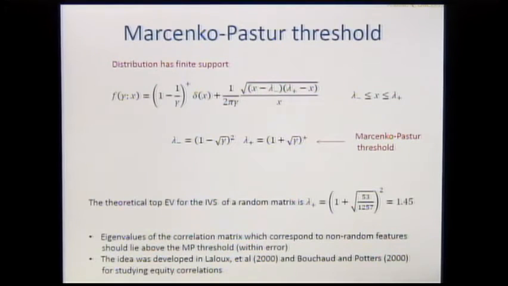The Marchenko-Pastur distribution is the equivalent in the quadratic setting to the Wigner semicircle law. It says that if you have a fully random matrix, in the limit as n and t go to infinity, you don't converge to the identity, because the matrix is not square.